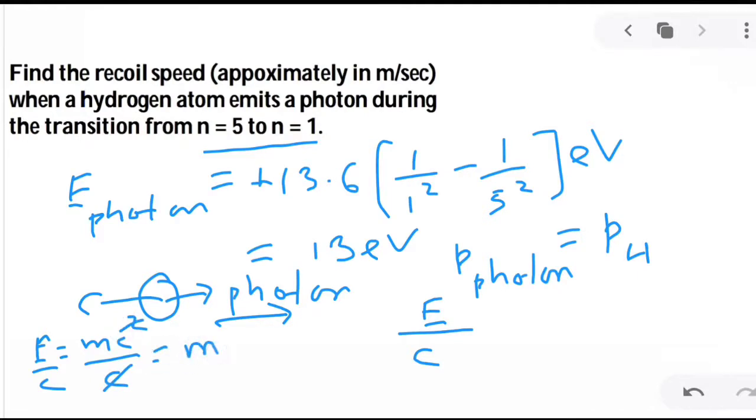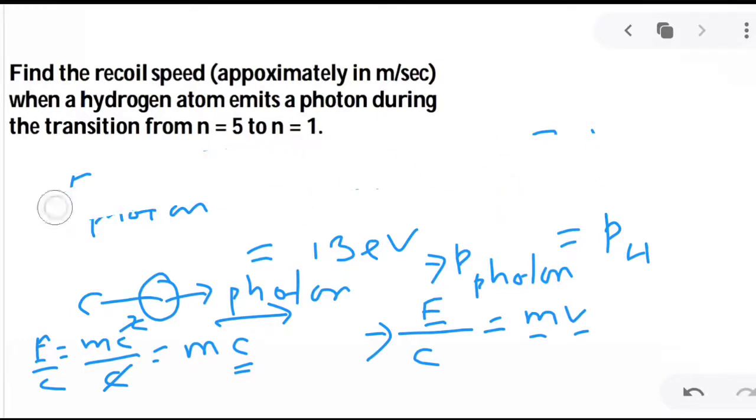Momentum is mass times velocity, and the velocity of the photon is C. Therefore the momentum of the photon is E by C. So that is equal to the momentum of hydrogen, that is m into v, where m is the mass of the hydrogen atom and v is its speed. Simplifying this, you will get v, the recoil speed of the hydrogen.